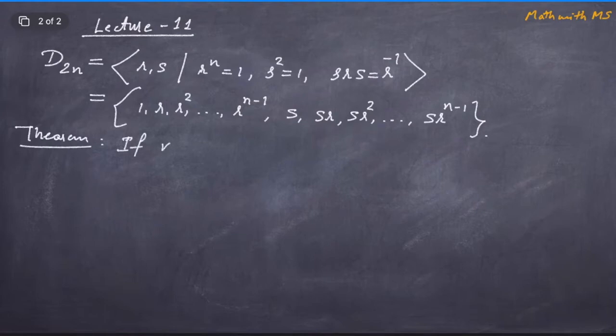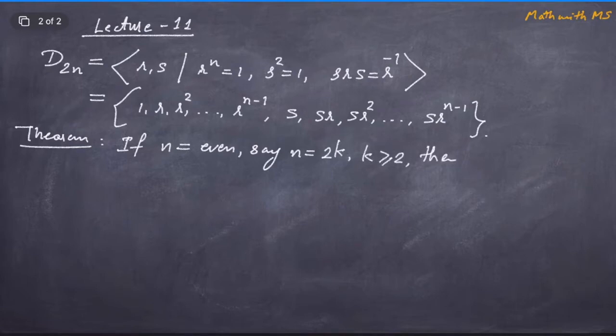If n is even, let us say n is equal to 2k, where k is bigger than or equal to 2, then D2n has k plus 3 conjugacy classes.